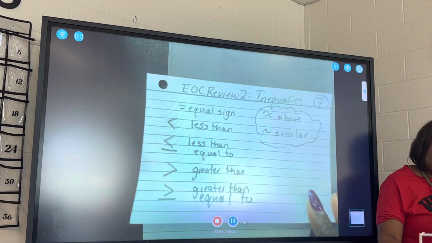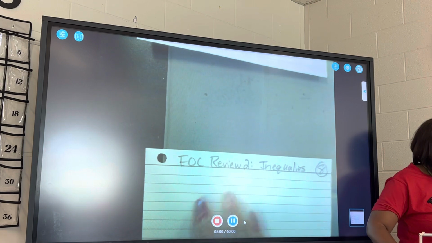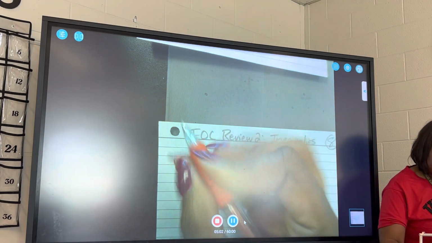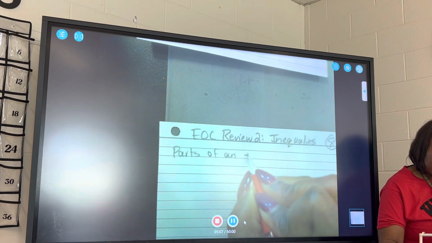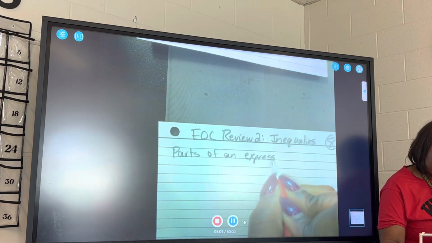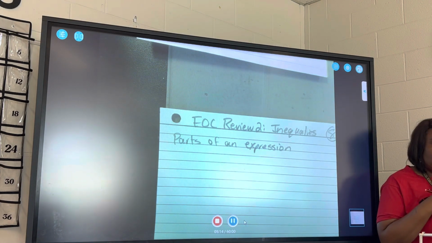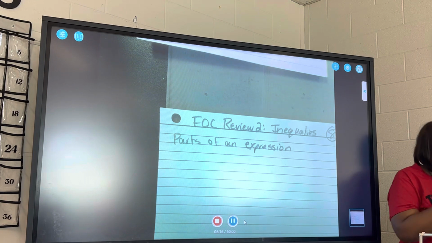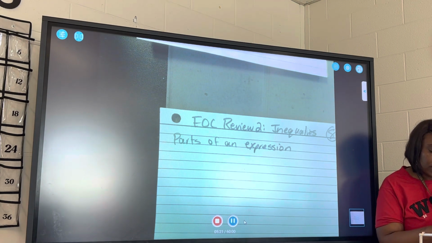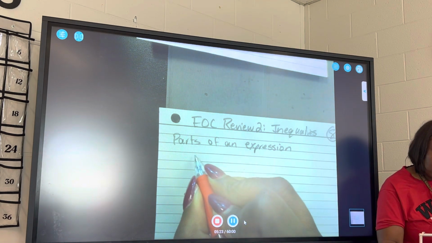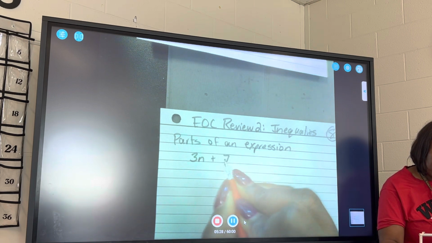Alright, so now I'm going to move to card number 8. Card number 8 is parts of an expression. There are 2 types of expressions that you need to know about. You have numerical expressions and algebraic expressions, okay? But let's talk about the different parts. We have 3n plus 7.